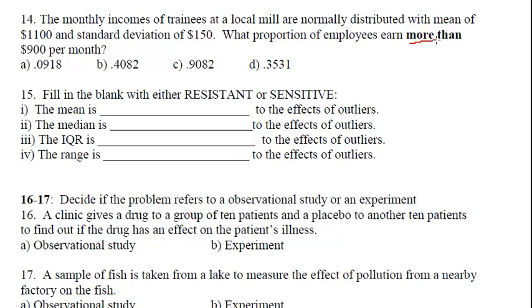I have to pay attention to the keyword more than, but my z-score would be 900 minus the mean, divided by the standard deviation, which is 150. And that gives me a z-score of, I gotta do it real quick, negative 1.33.